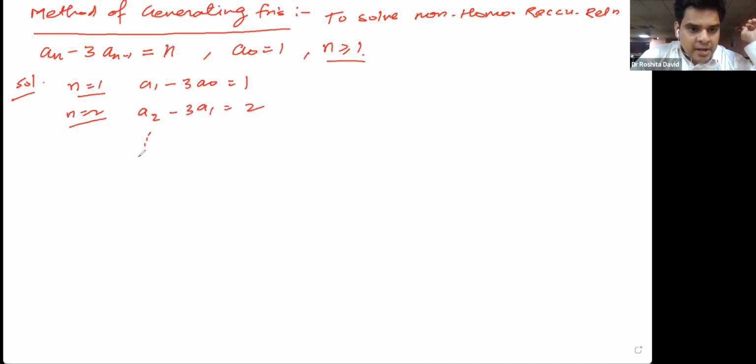Similarly, for n, I can write an minus 3an minus 1 equals n. So we have multiple equations here. In this method, we will use the concept of generating functions.